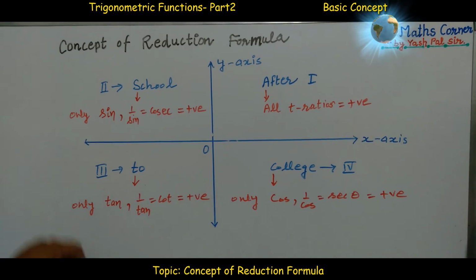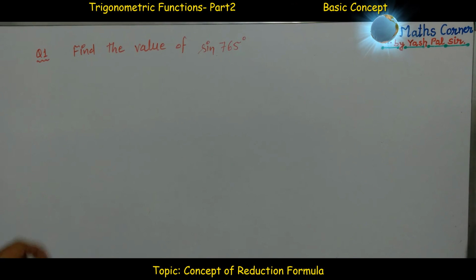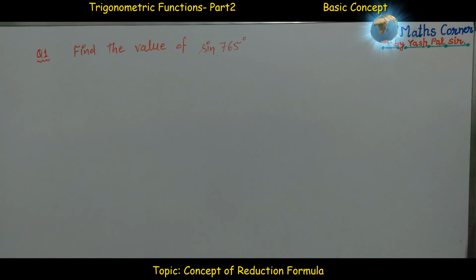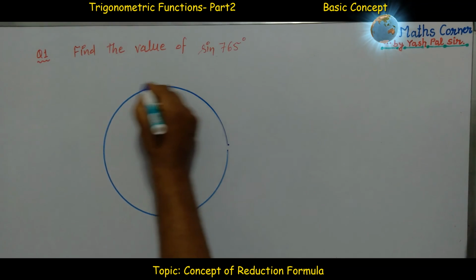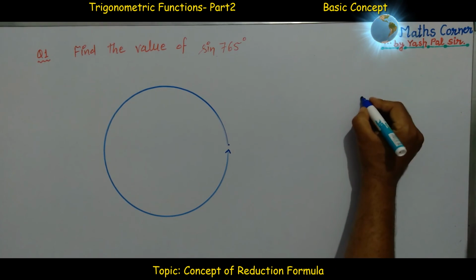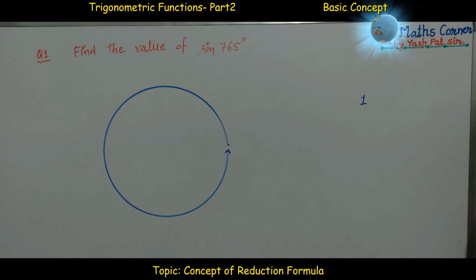Now let us discuss a few questions. The very first question: find the value of sine 765 degree. First of all, consider this circle, one rotation. One rotation means 360 degree.